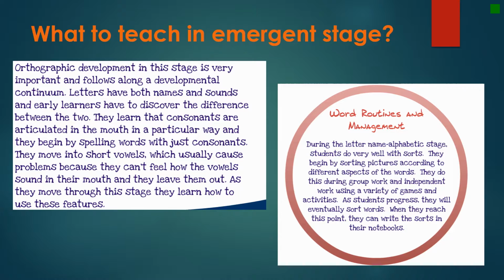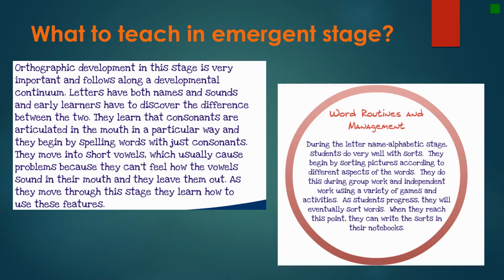We're helping our very youngest learners understand that letters have names and they have sounds, and there's a difference between the two. We're teaching them that consonants happen in our mouths in a very particular way, and they're beginning to spell words with just the consonants, like we said a while ago.